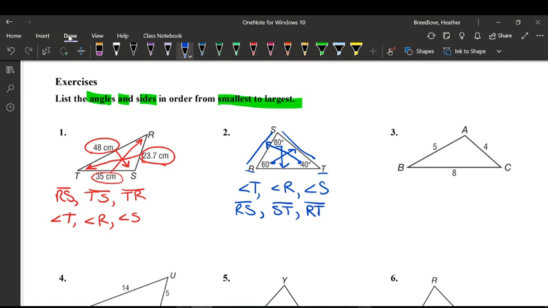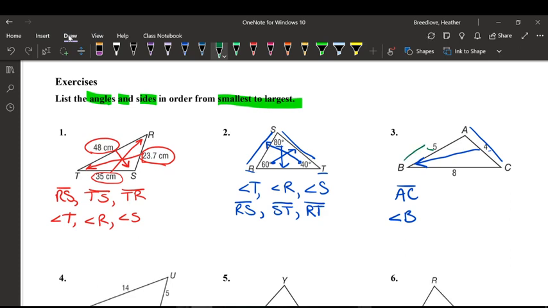Right, so I have another one with sides. Since I'm given sides, I'm going to go ahead and list the sides first. The smallest side is a length of 4. I'm going to call that side AC. I could do them at the same time and say across from that side is angle B, so I'm going to put angle B below it. Next, the medium side length is 5.